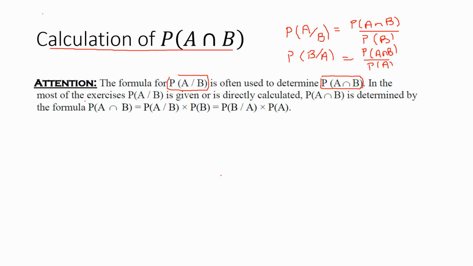So probability A intersection B is either probability B times probability of A given B, or probability of A times probability of B given A. Both of them are correct, but we can use only one of them. We cannot use them both.